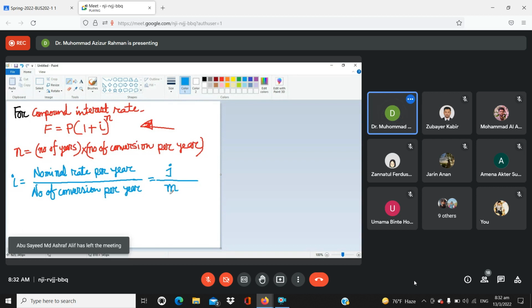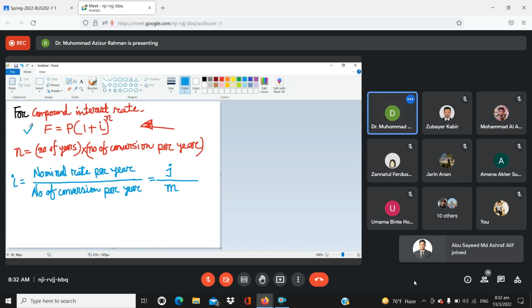Use that value to divide your nominal interest rate. Then put the value of i here, then you will get the future value. So you need to use this formula.